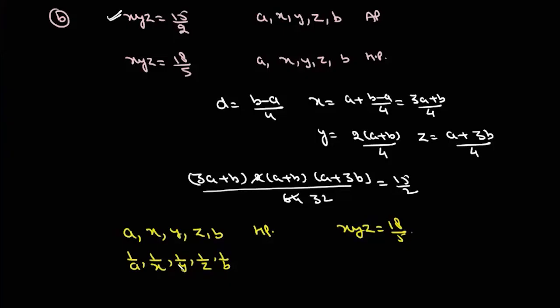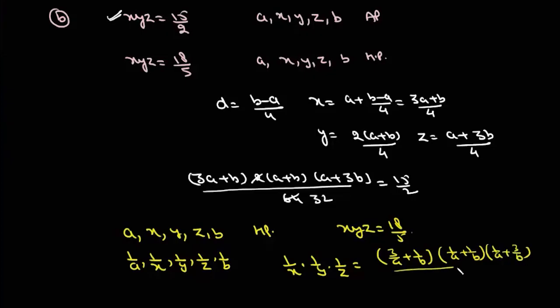So here we'll get 1/x into 1/y into 1/z as (3/a + 1/b)(1/a + 1/b)(1/a + 3/b) by 32, and it will be equal to 5/18.